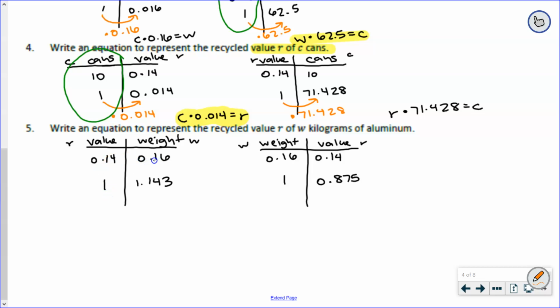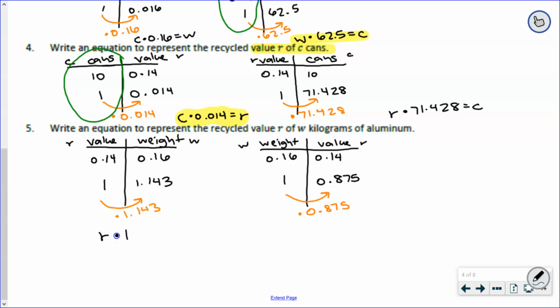And again, finding that unit rate is a great step, because do you know how a 0.14 changes to a 0.16? No, but do you know how a 1 changes to 1.143? Very easily. So when we take that baby step of finding the unit rate, it really helps us think through these problems. The 1 changes to 0.875 by multiplying by 0.875. So again, we know what we're doing. We're starting here with R, the value.